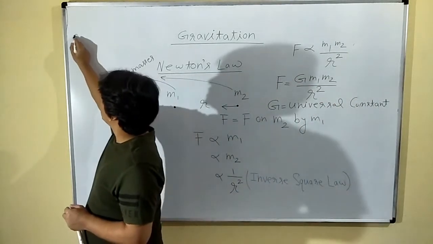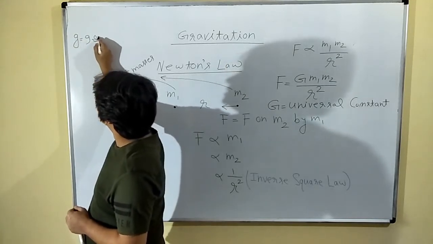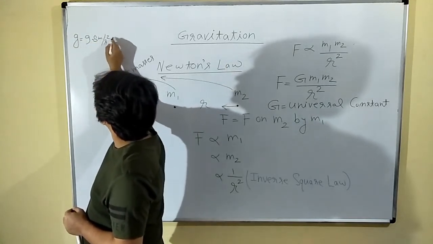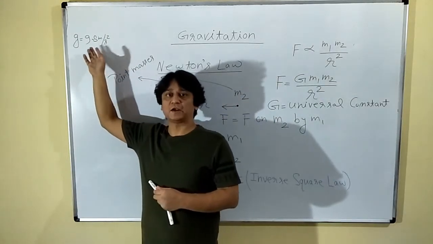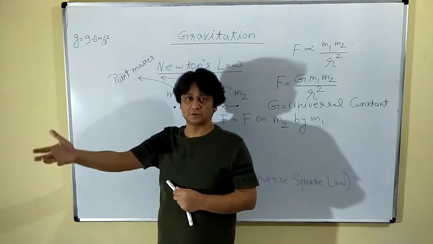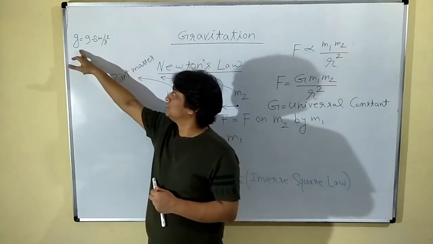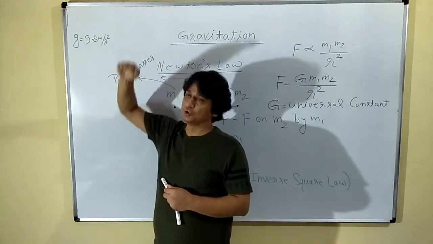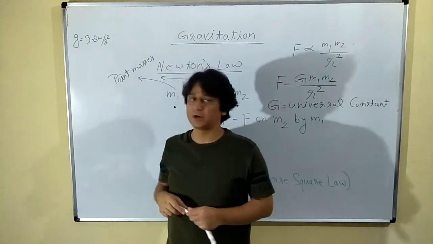For example, small g, 9.8, is not a universal constant. In fact, it's not even constant on the surface of Earth. At different points on the surface of Earth, g is different. And then as you go up, g changes. We'll see that in this chapter itself.